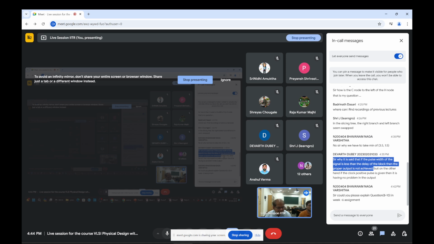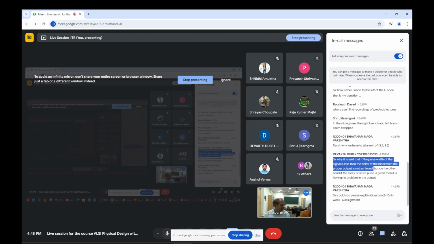The transmission gate has two inputs: one is the clock pulse, and the second is the data coming from the input. So if the transmission gate is open for a sufficient amount of time, then the latch can sample the data.